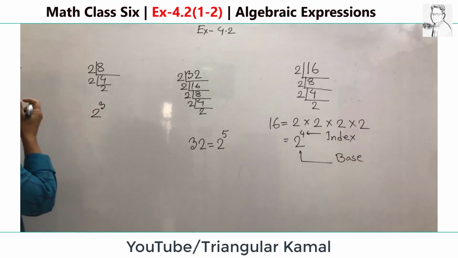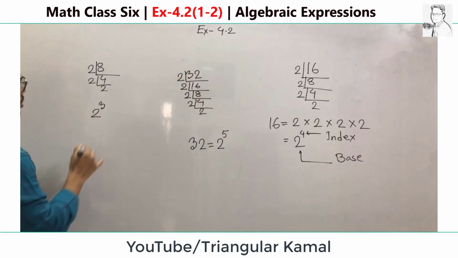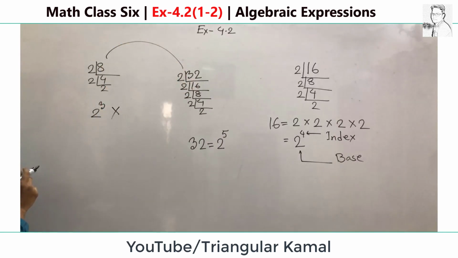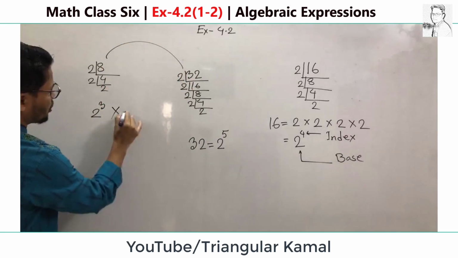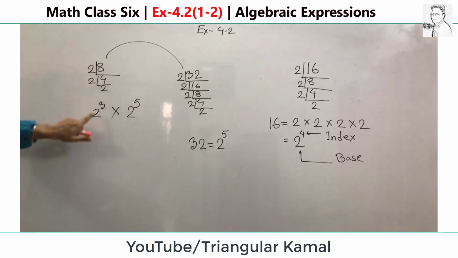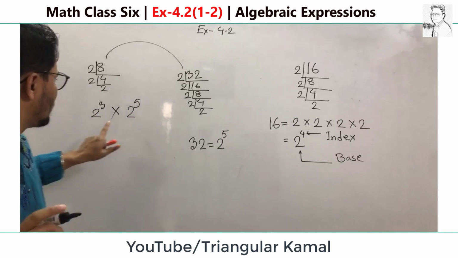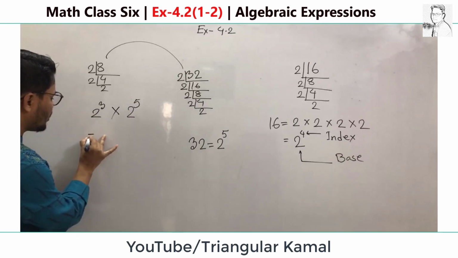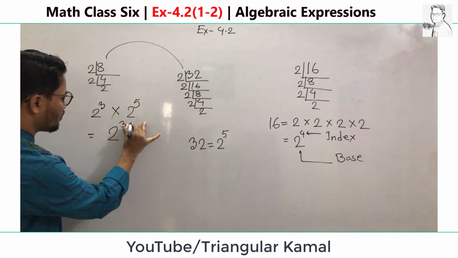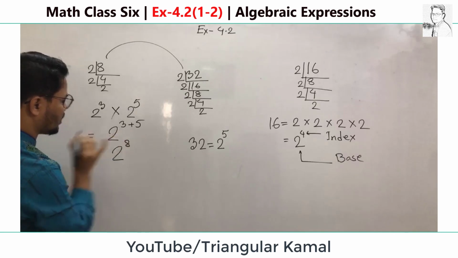Another number is 32, that means the result of 32 is 2 to the power 5. This one is the result of 8, this one is the result of 32. So if we multiply both, the total will be 2 to the power 3 plus 5. That means 2 to the power 8.